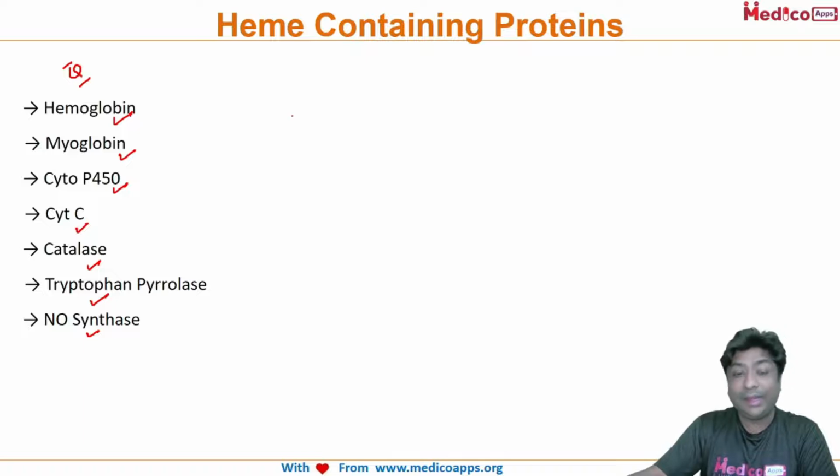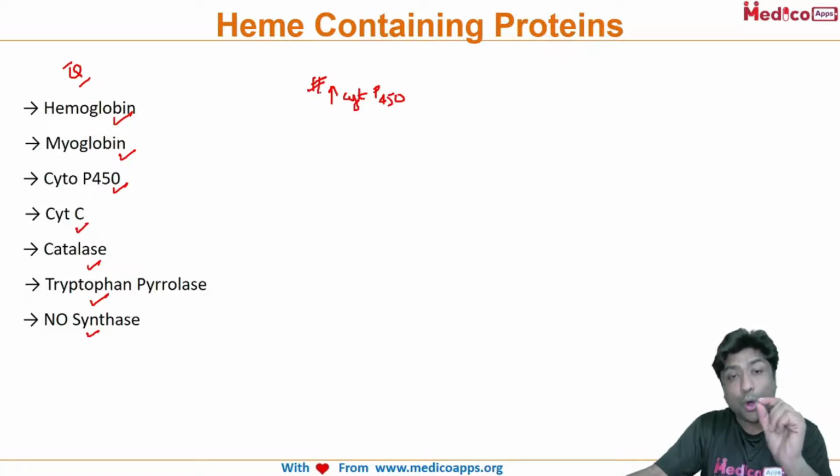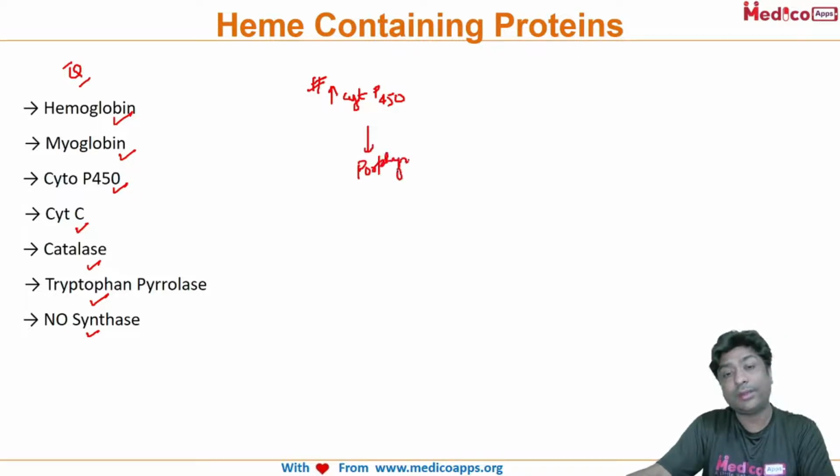First of all, anything which induces cytochrome P450, like when you drink alcohol or take some drugs which induce cytochrome P450, all those drugs can precipitate porphyria in a porphyria patient.